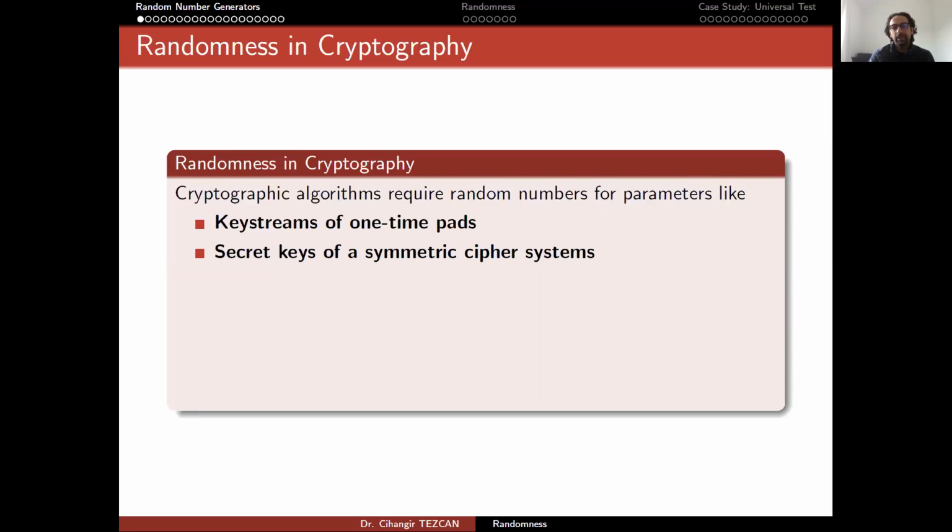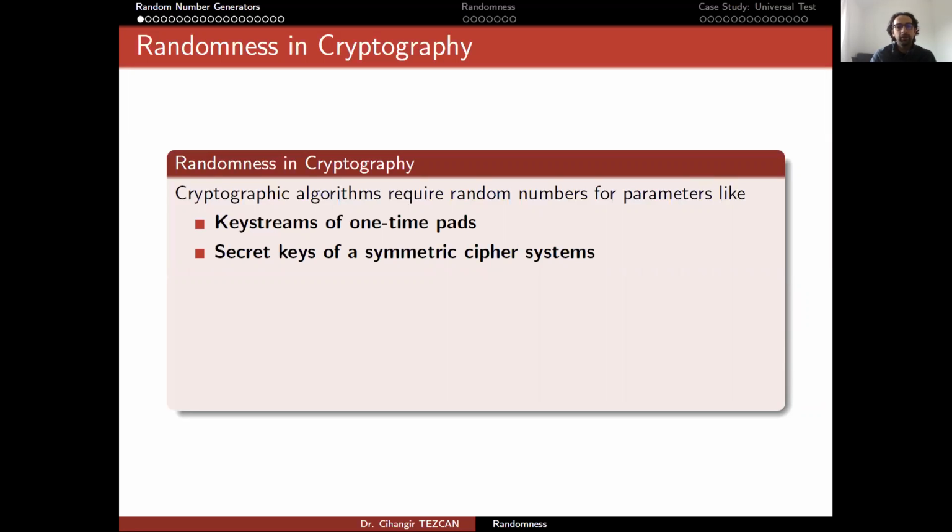cryptographic algorithms. In all of the block ciphers, stream ciphers, or authenticated encryption algorithms we have seen so far, we use secret keys of 128 bits to 256 bits and so on. They have to be random. So the question is, how can you generate them in a random way?